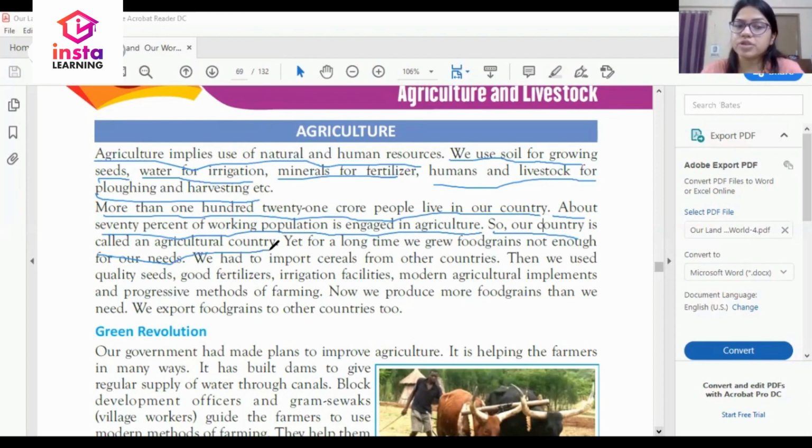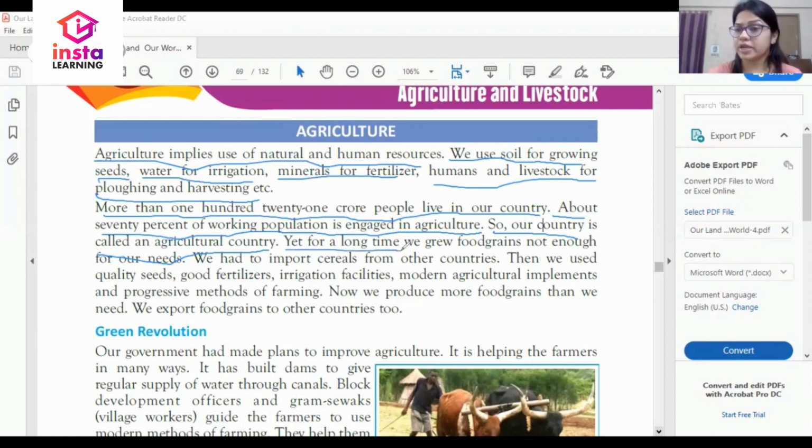Why is our country called an agriculture country? Because more than 121 crore people live in our country and about 70% of the working population is engaged in agriculture. That's why our country is called an agriculture country.